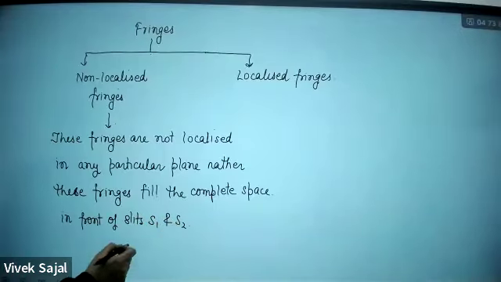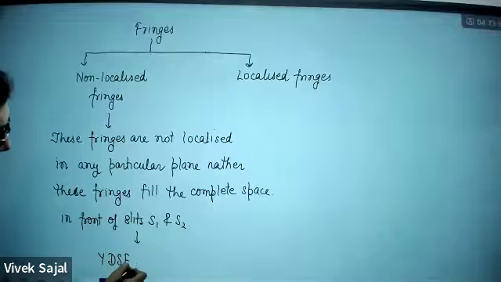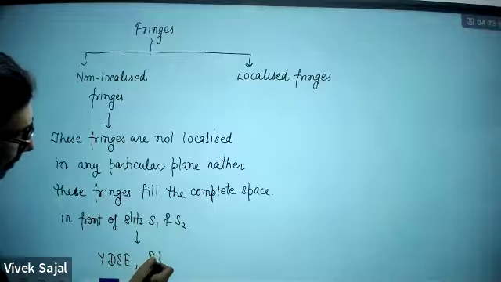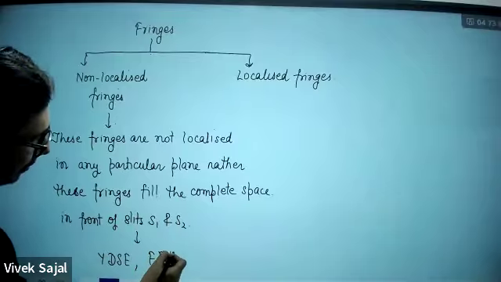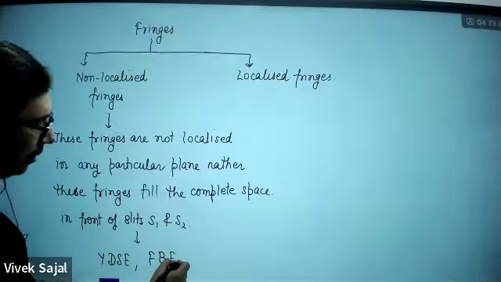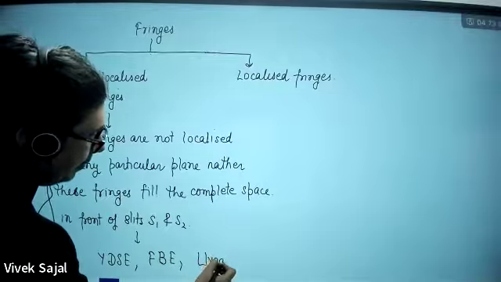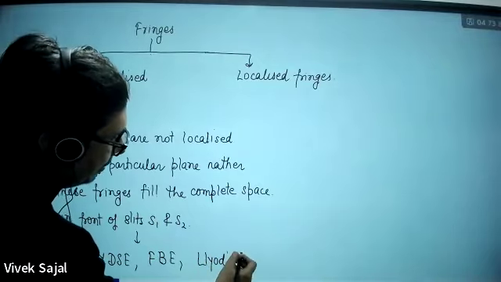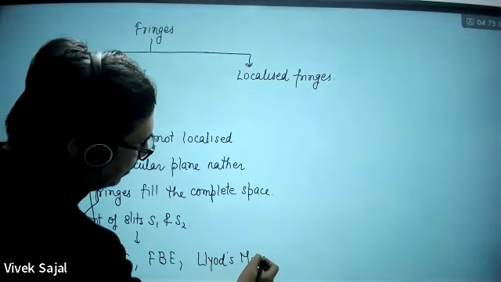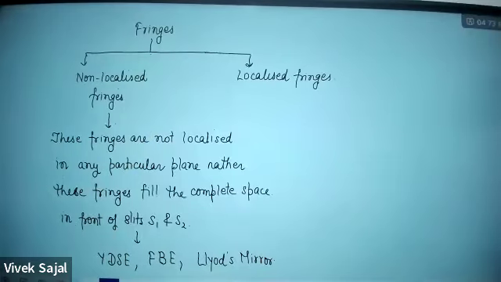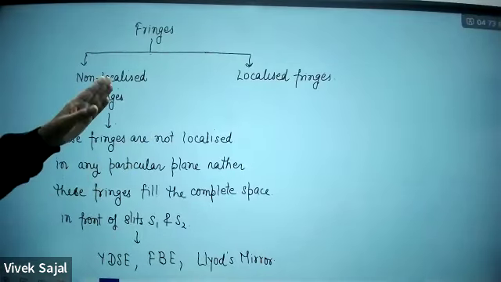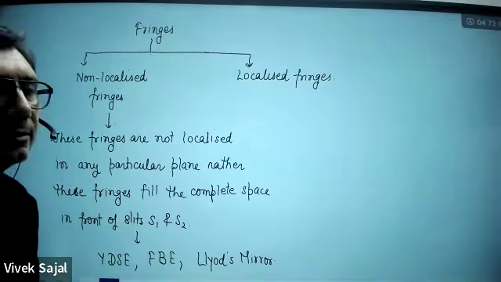So examples here are YDSE, Fresnel biprism experiment, Lloyd's mirror. So these are the examples where you are going to observe non-localized fringes.